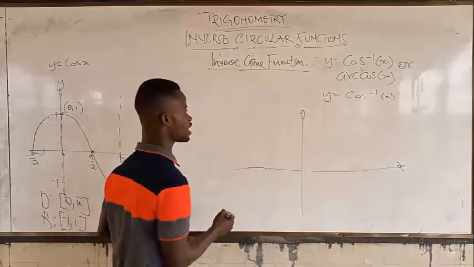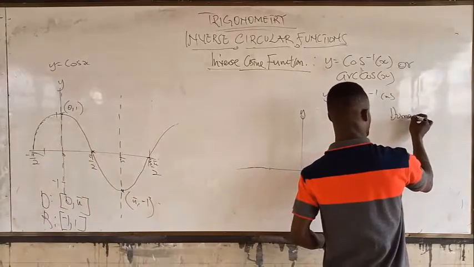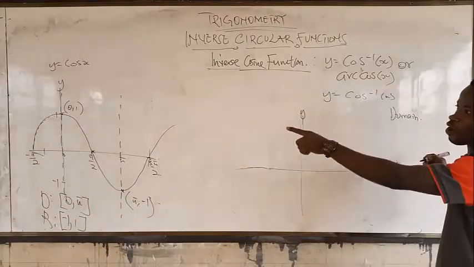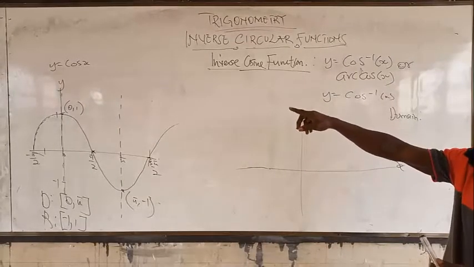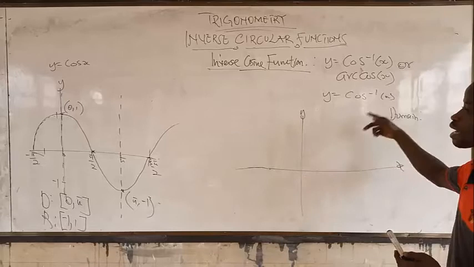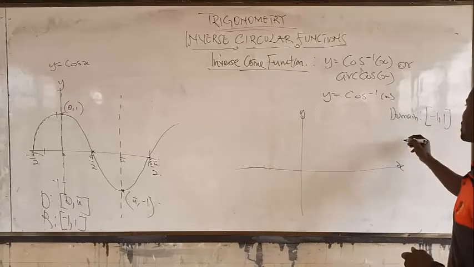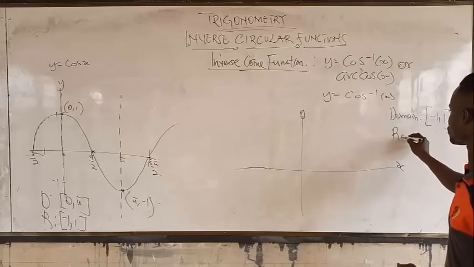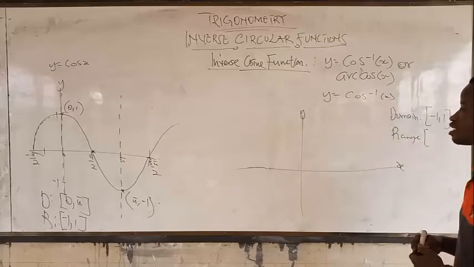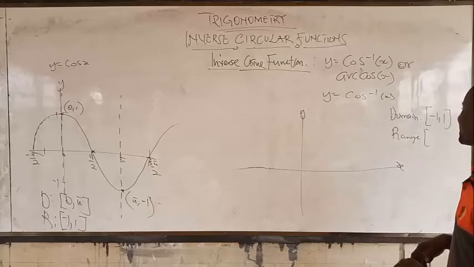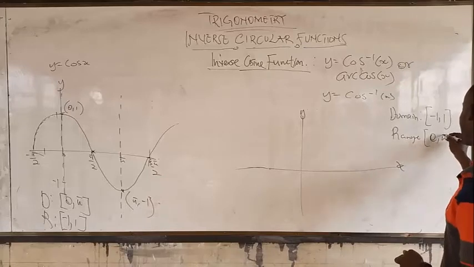Alright, so for the inverse, the domain and range for cosine now swap. The range of cosine becomes the domain of the inverse, and the range of cosine inverse is going to be the domain here, so the range is 0 to pi.